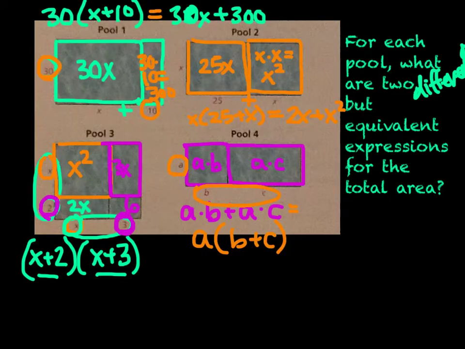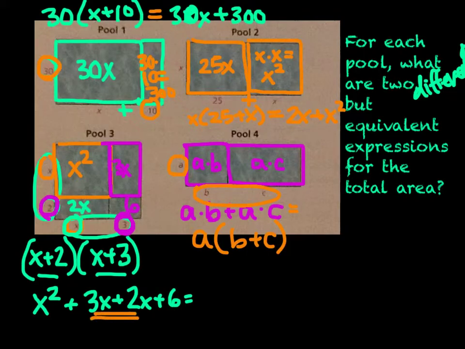So we could also write this as saying x squared plus 3x plus 2x plus 6. And we can also finish this off and add our like terms together and say x squared plus 5x plus 6 is equivalent to x plus 2 times x plus 3.